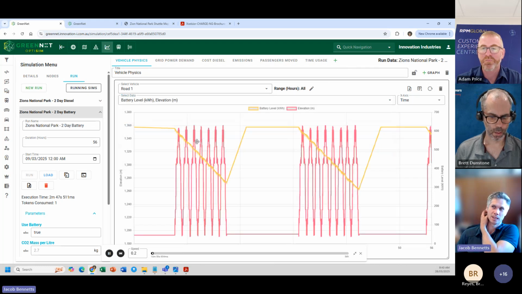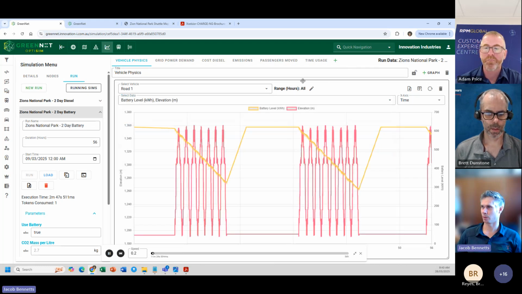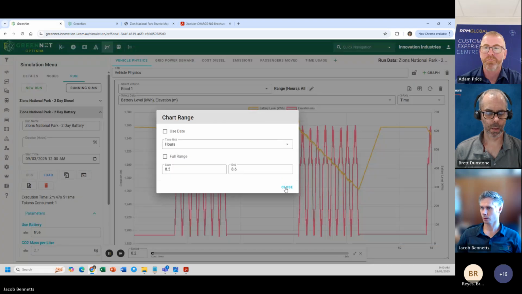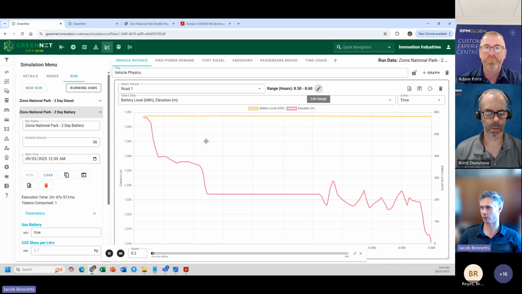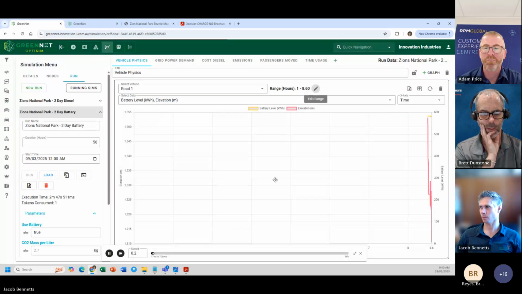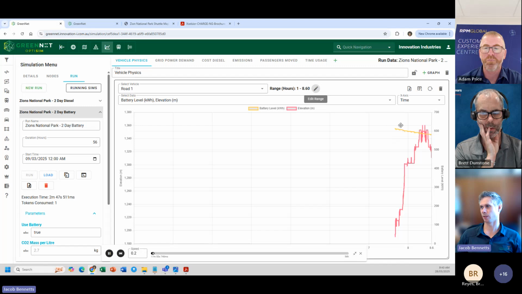If I zoom in a bit further, you can see the elevation profile. That told us that the bus could go up and down all day with that battery size.